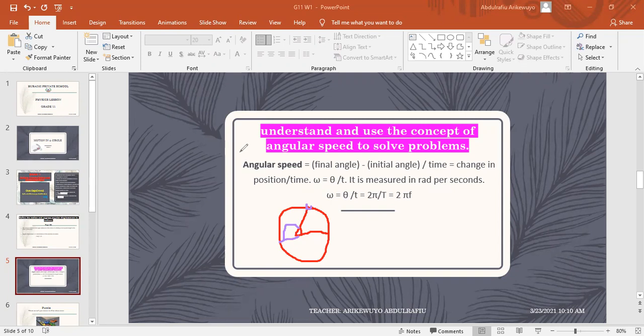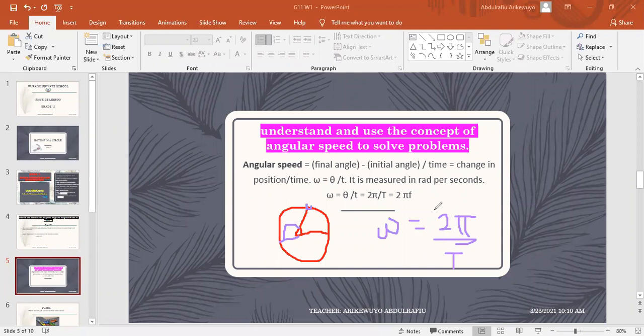Very good. So now the formula for angular speed, omega, is equal to 2 pi divided by T, 2 pi over T. What is T there? This capital T, I said the angular speed omega is equal to 2 pi over T, and I asked, what do you think the T means?